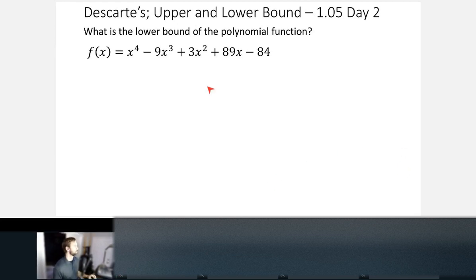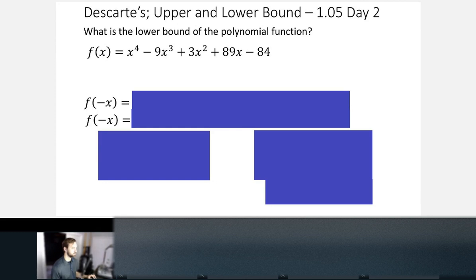All right. Upper and lower bound. What is the lower bound of this polynomial function? So what do we have to do? Yeah, we need to do synthetic division on negative x, right? Graphing may or may not work. I'll leave it up to you to test that theory.